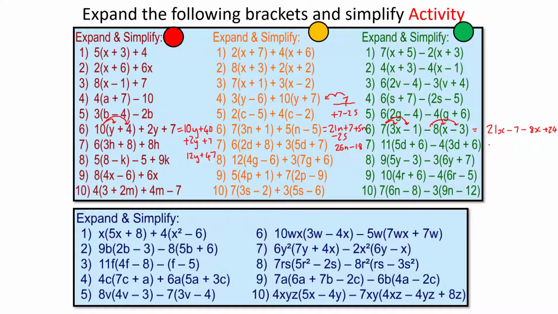Okay, now got 21x minus 8x. Always look at the symbol in front. So that's going to be 21 minus 8 is 13x. Now you've got minus 7 plus 24. So if you're starting at minus 7, you're going up the number line.